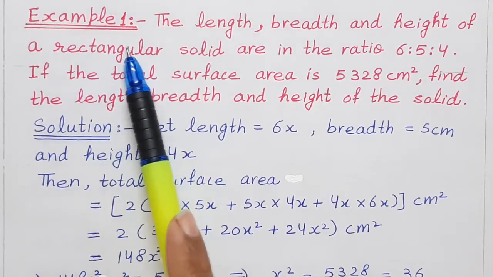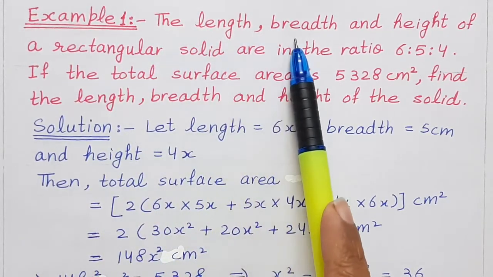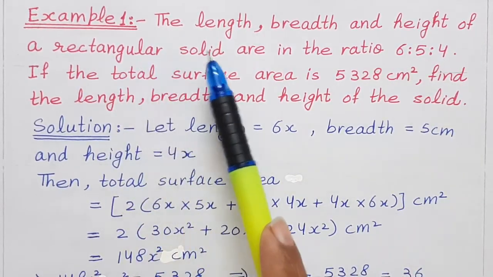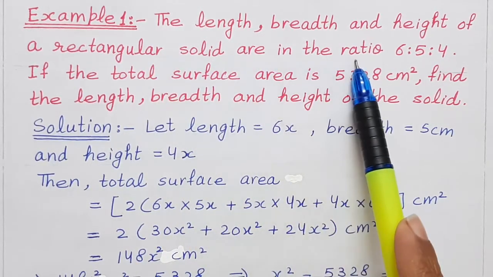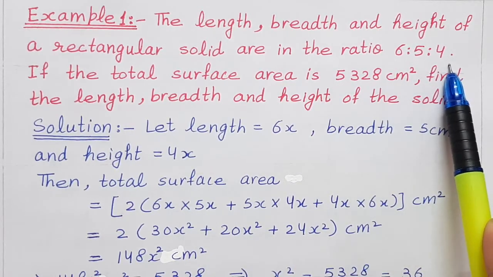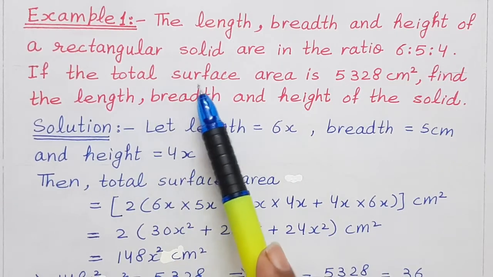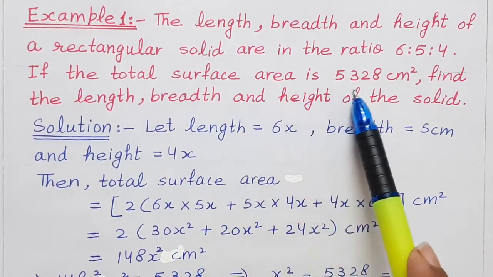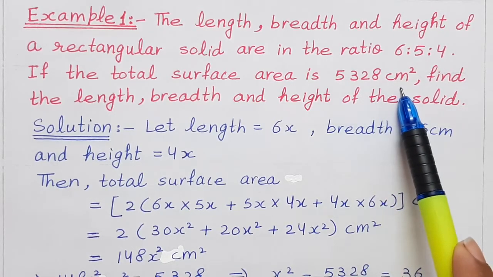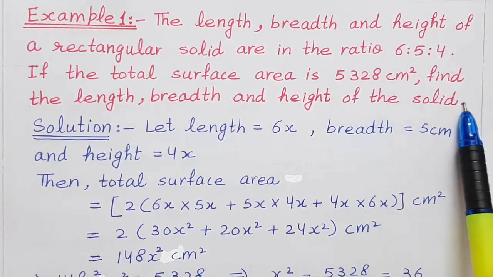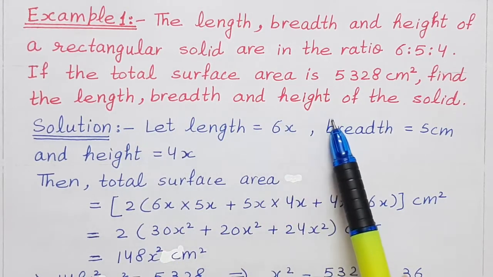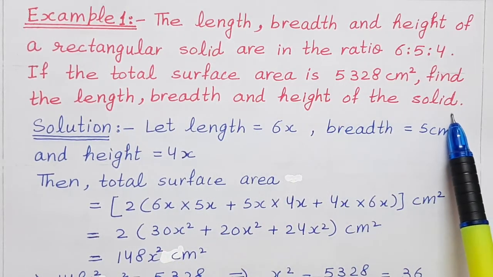Example 1: the length, breadth and height of a rectangular solid are in the ratio 6:5:4. If the total surface area is 5328 centimeter square, find the length, breadth and height of the solid.